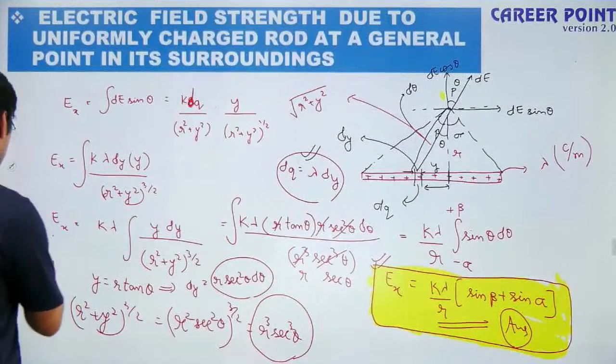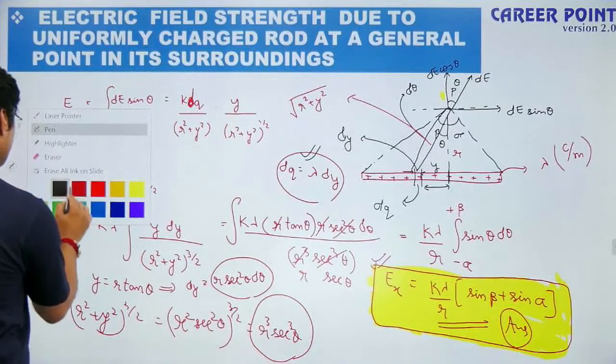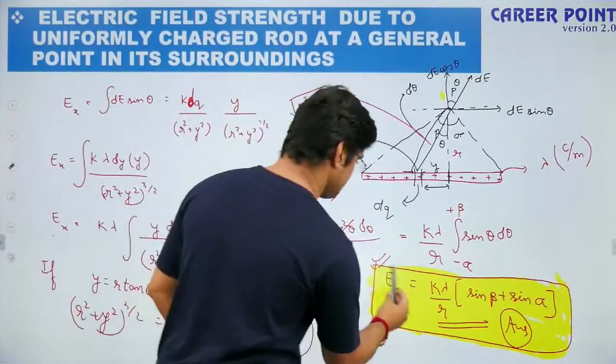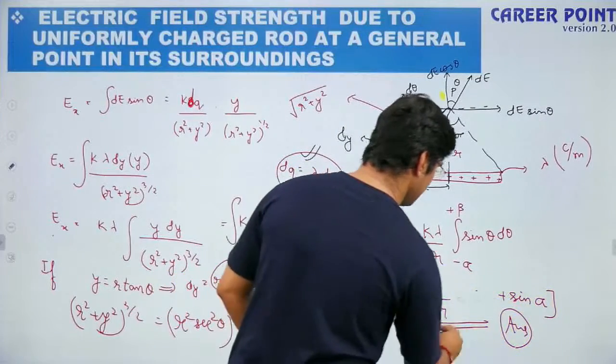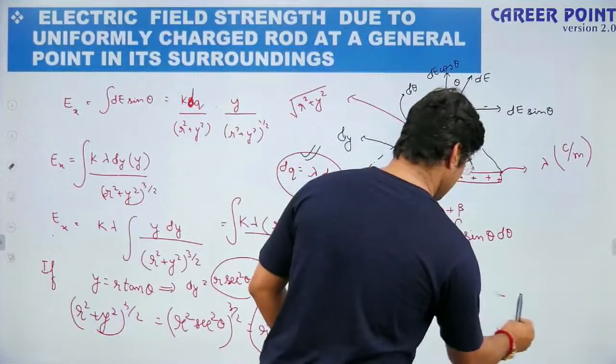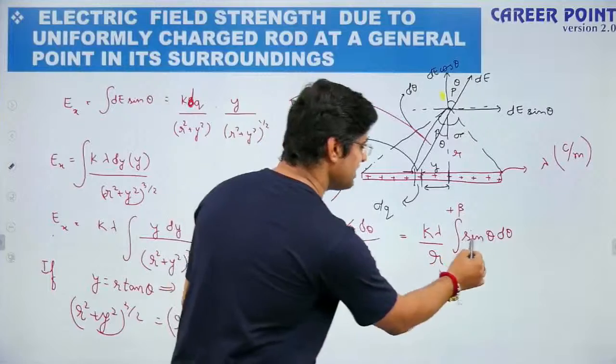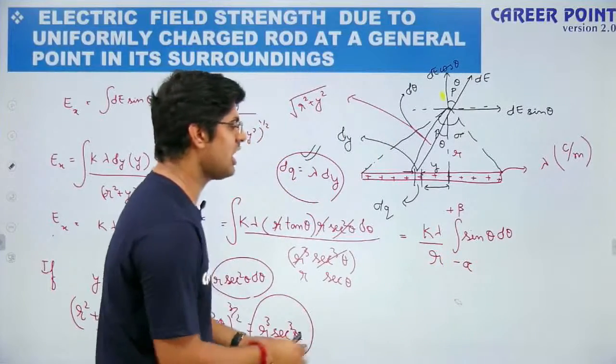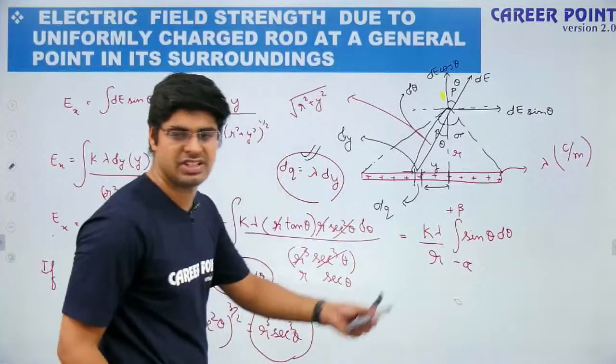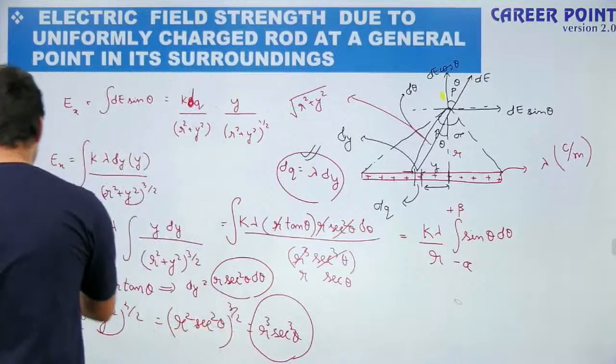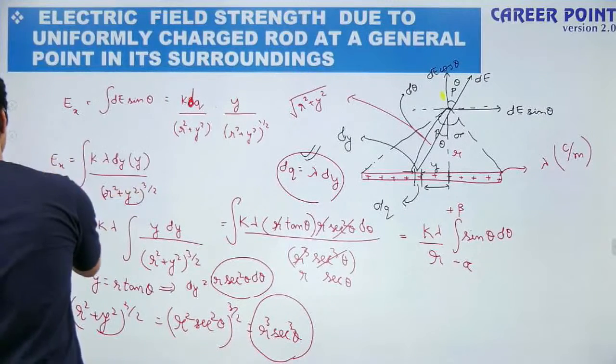See, one elementary mistake which we have made here is, in this expression there is a change. There is integration of sin theta, right? So after integrating sin theta only we have to write the integral.